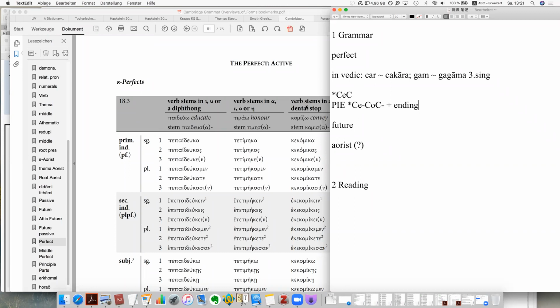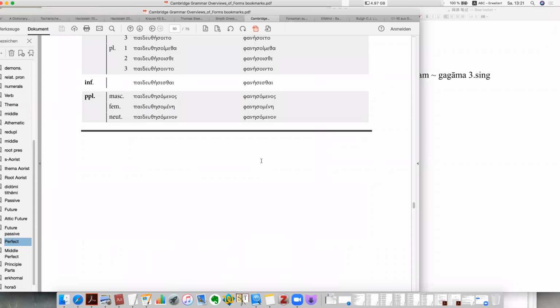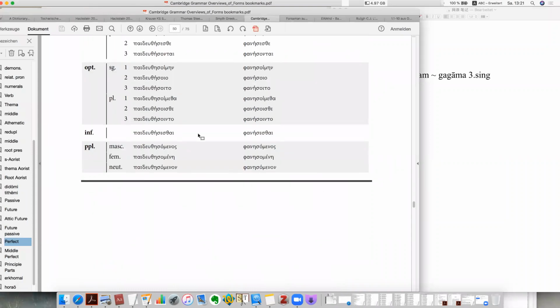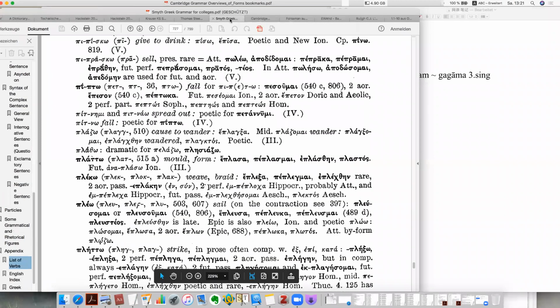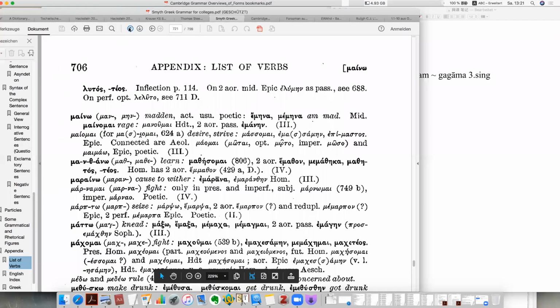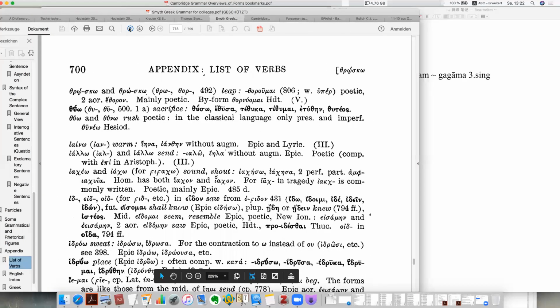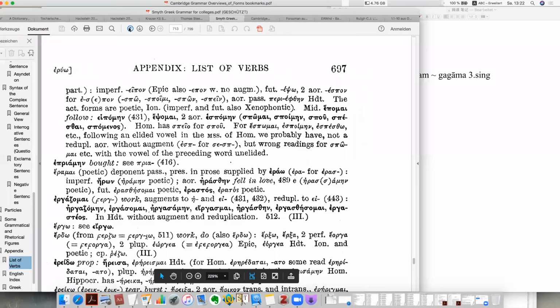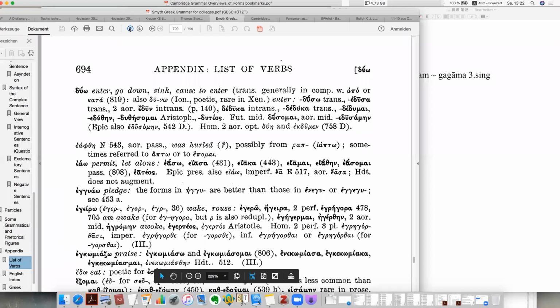But in Greek, there's a very interesting class. Let's check it. Wait a minute. This is Smyth's Greek grammar.